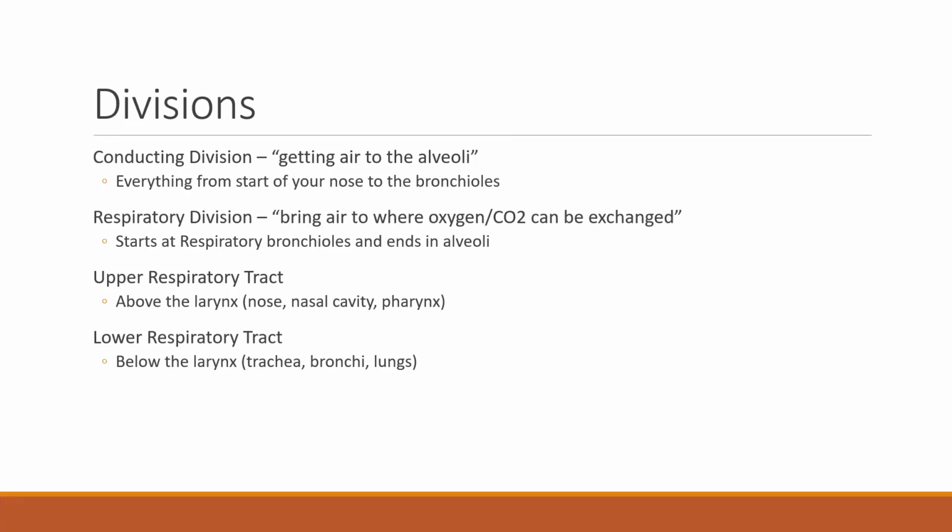If you Google this or look at different articles or scientific documentation, depending on what you read, they might cut off the upper and lower respiratory tracts differently. Some might group the larynx in the upper respiratory tract, whereas others might group it in the lower. For the most part, this is the breakdown that we want you to know in this class.